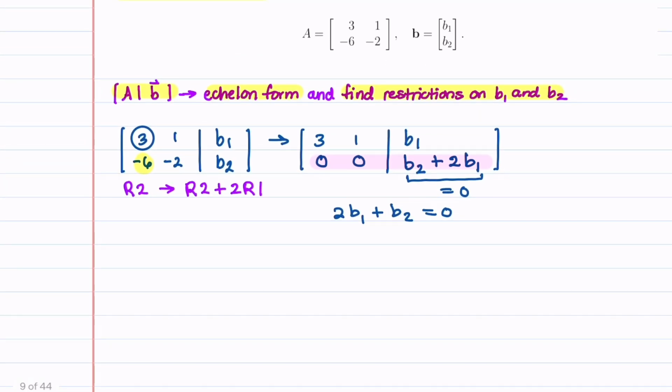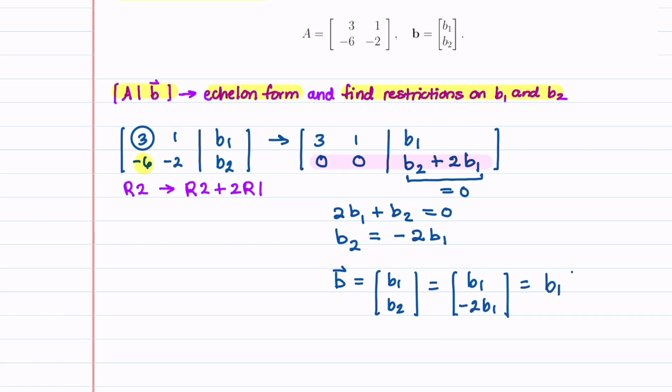Let's solve for b2. So this is when b2 is equal to minus 2 times b1. So our vector b, which was b1, b2, we can now write as b1 and minus 2b1.